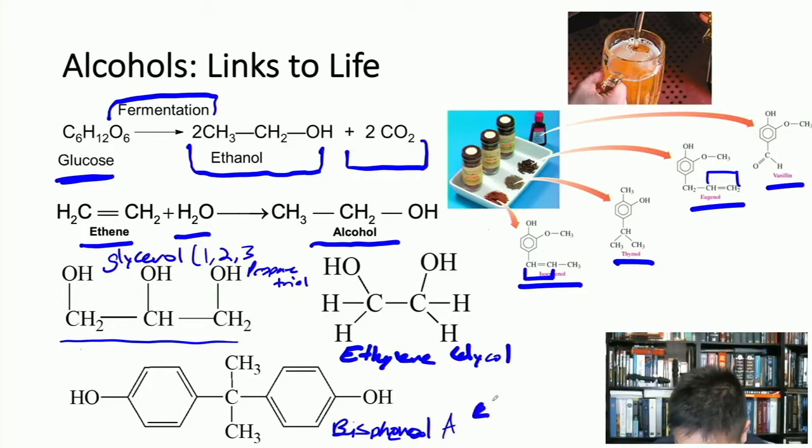It's bisphenol A, right? It's used in the making of a plastic called polycarbonate, PC, and when you leave it in heat for too long, or you wash it with detergent and such, the bisphenol A can leach out from the polycarbonate in very, very small quantities.